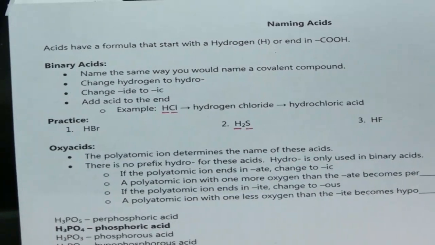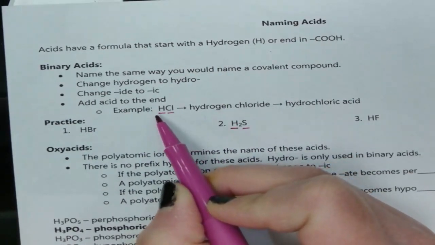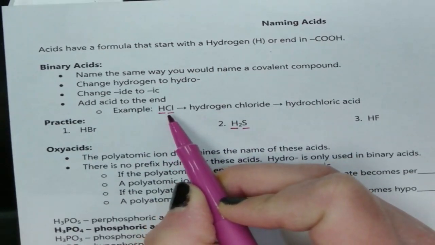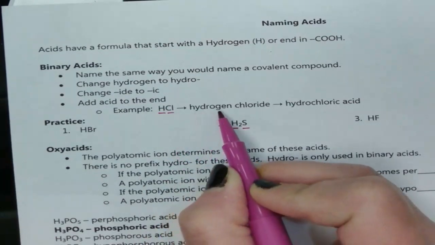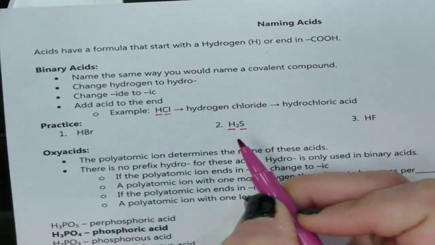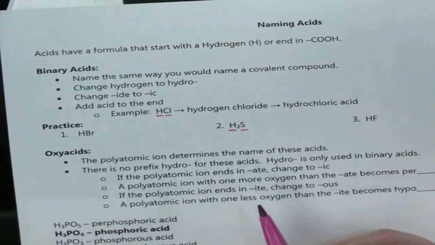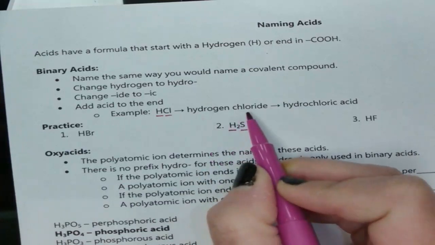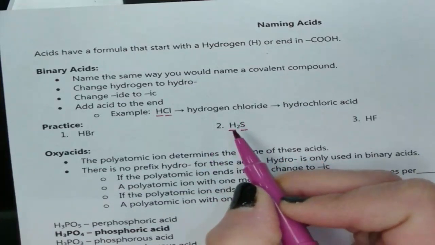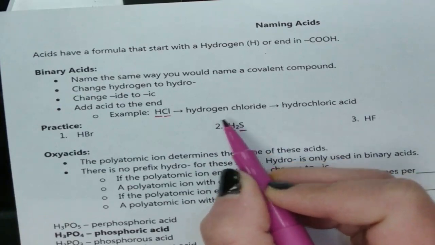So to name a binary acid, if we look at our example, HCl, we name it hydrogen chloride, as we would have named a covalent compound, because hydrogen and chlorine are both nonmetals. And then we're going to make a couple of adjustments.